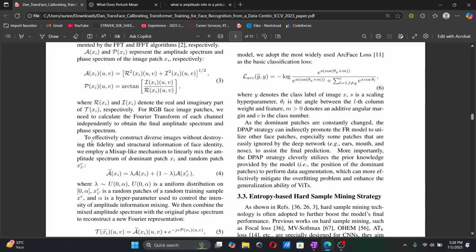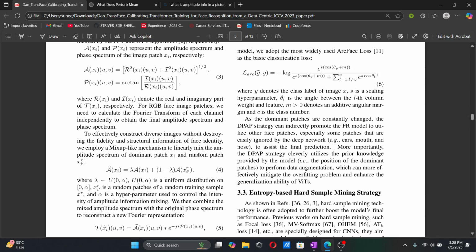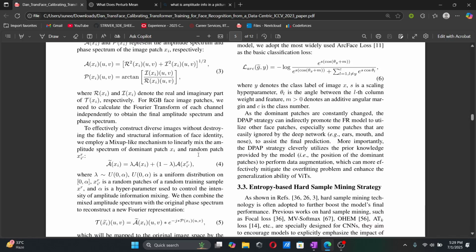Okay, to effectively construct diverse images without destroying the fidelity and structural information, we employ a mix-up type mechanism to linearly mix the amplitude spectrum of the dominant patch xi and a random patch.